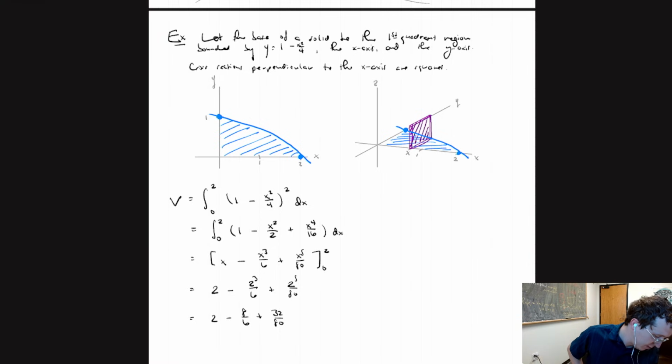Ooh, this one looks promising. No, that's perpendicular to the x-axis. I want perpendicular to the z-axis.